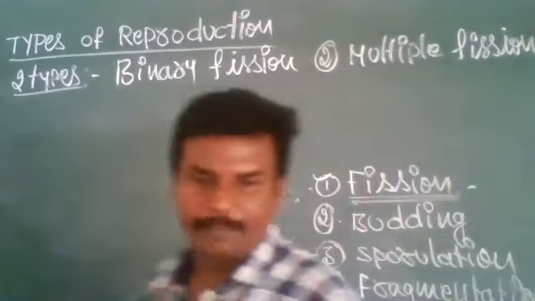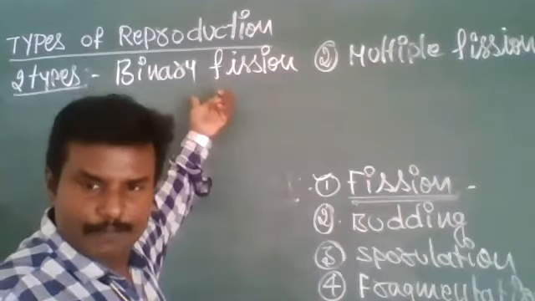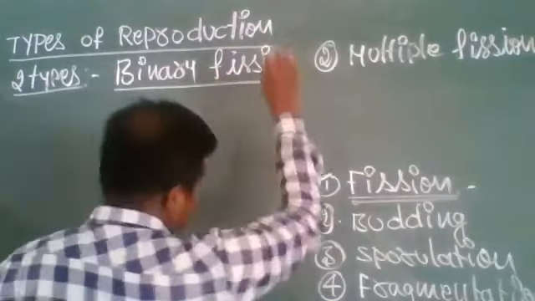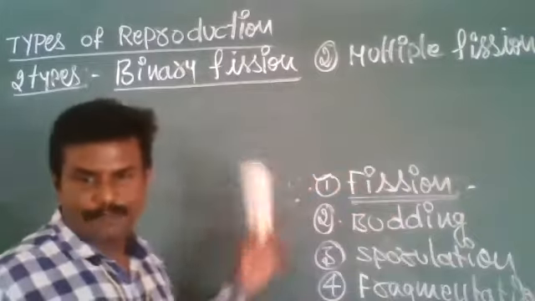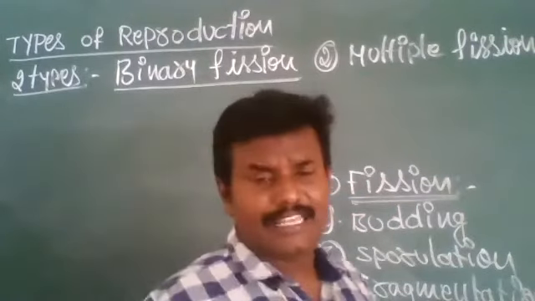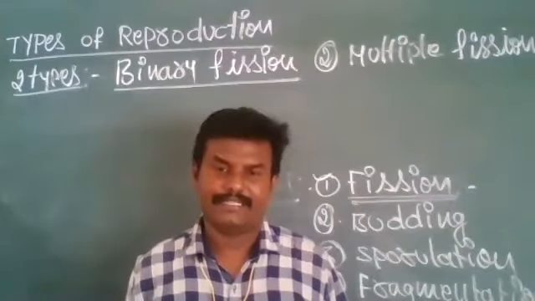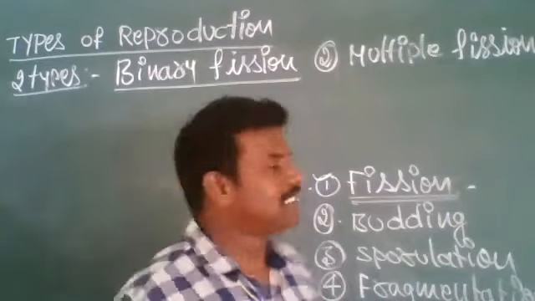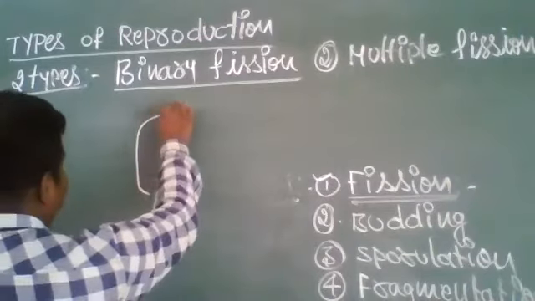The word itself tells the significance: what is binary and multiple? Let's talk about binary fission. In binary fission, the parental organism divides into two equal parts. See, this is the parental body.